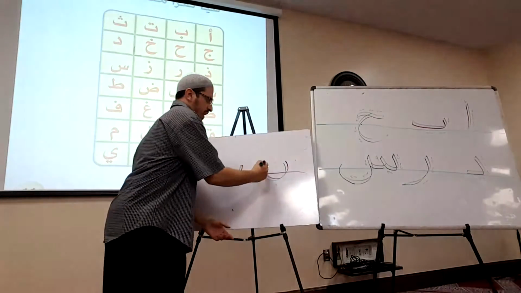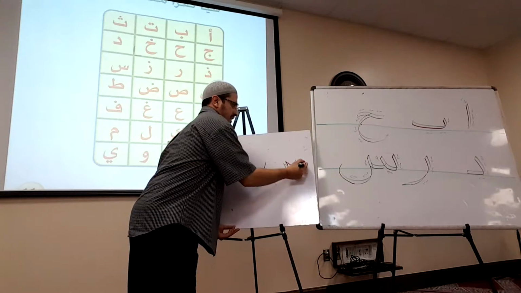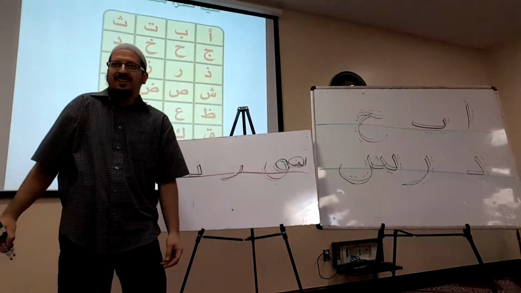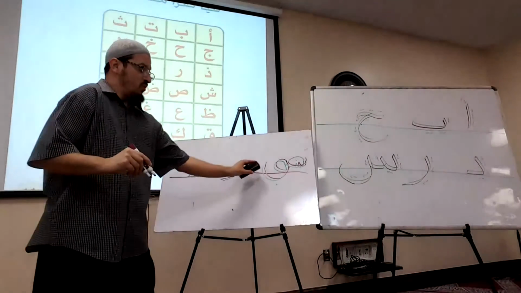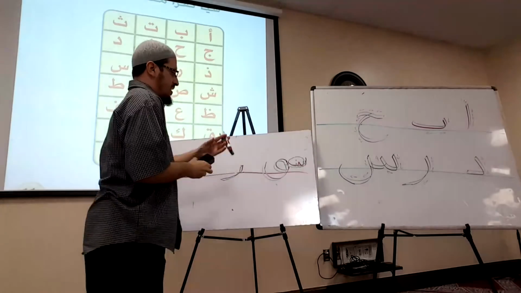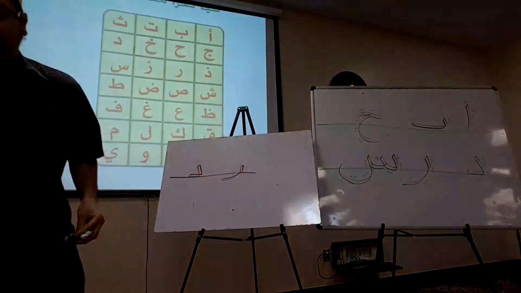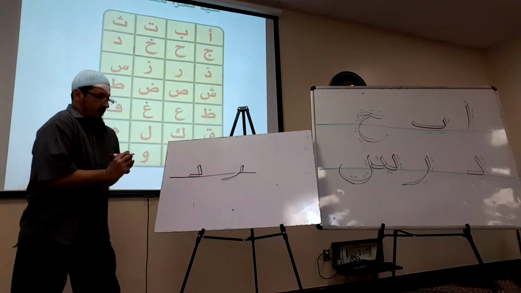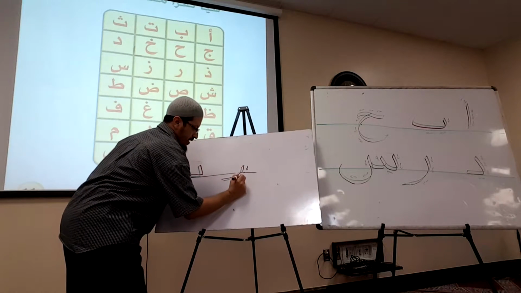From this noon you get the sin, you get the sad, you get the qaf. From just knowing the noon, the same noon shape goes at the end. So that's the one that looks like a C shape. The ra is like that. The wow is like this. So the ra, you start from here, right?